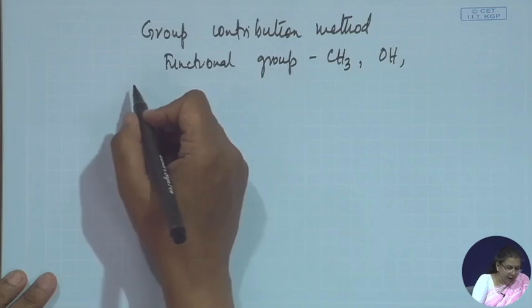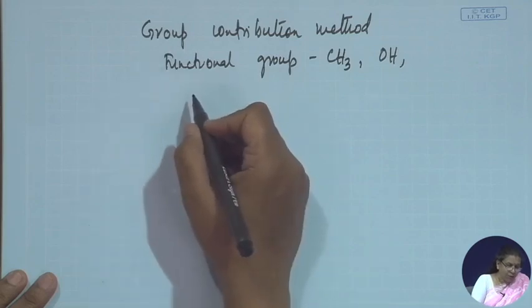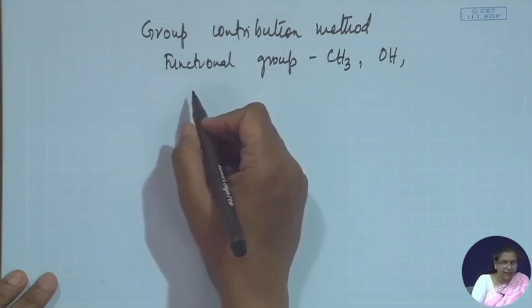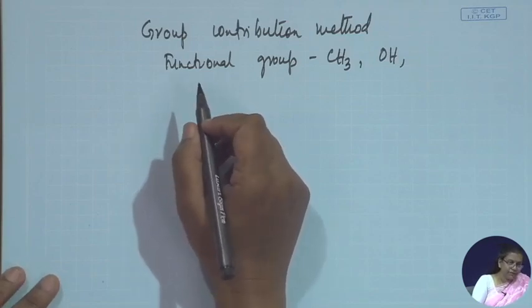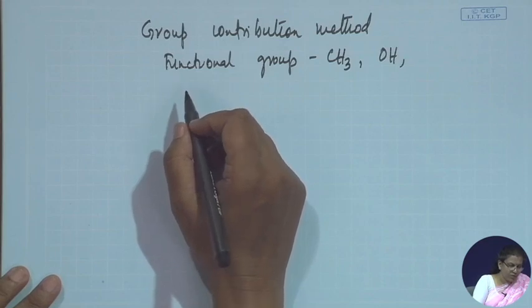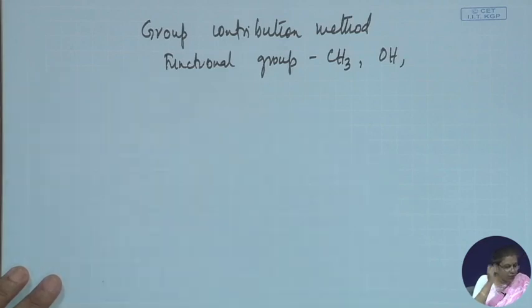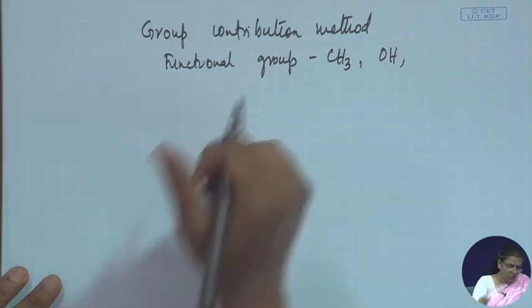Then the gamma i's are determined by properties of the functional groups rather than the properties of the molecules. This is the basic idea: we have several thousands of chemical compounds, but there are very few functional groups constituting these compounds.